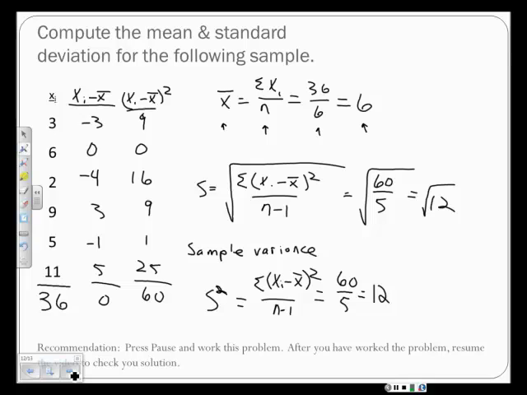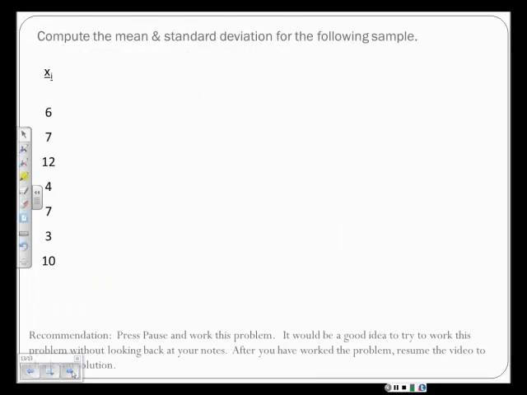One of the main reasons we'll use the standard deviation is that it's going to be in the same units as whatever our value of x is. So if these x's, this 3, 6, 2, and so on, if those were dollars, then when we get down to the variance here, that 12 is 12 squared dollars. And I don't even know what a squared dollar is, although we will still use that 12 somewhere later in the class. But when you take the square root of it, I've got one more here.